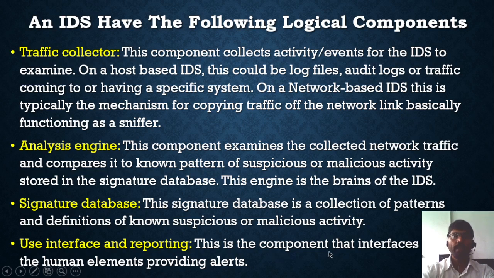This is the component that interfaces with the human elements in providing alerts. Some notification will be sent to the user with the help of some interfaces so that the user can be alerted. So those are the different types of components used in the IDS.